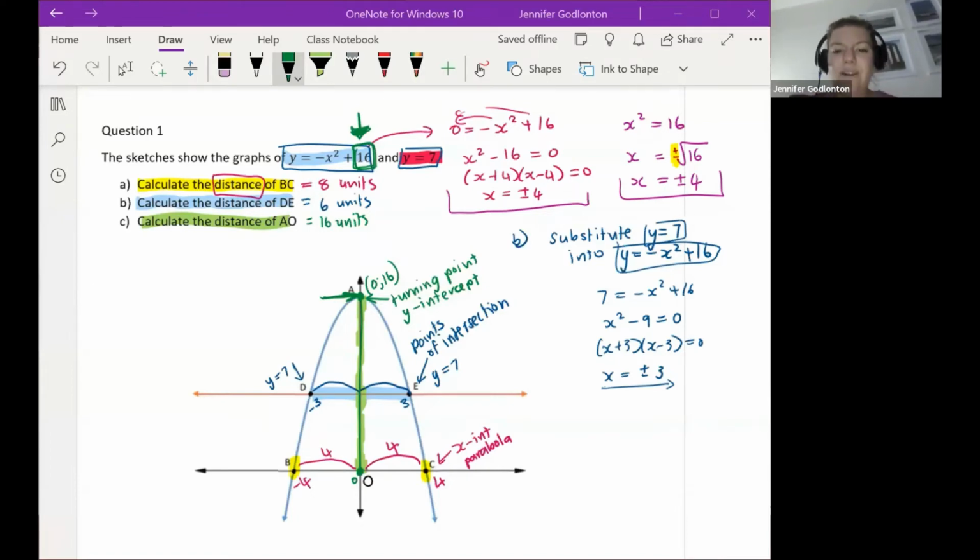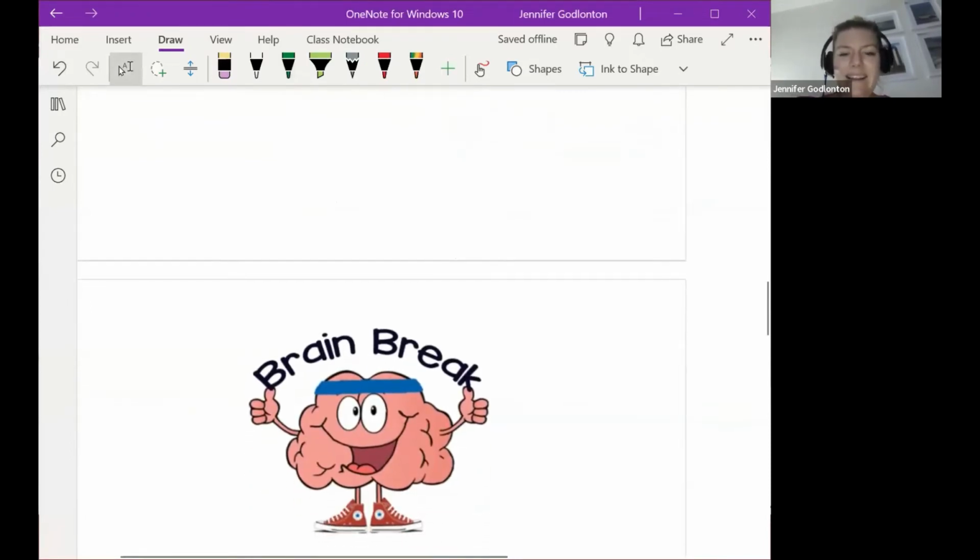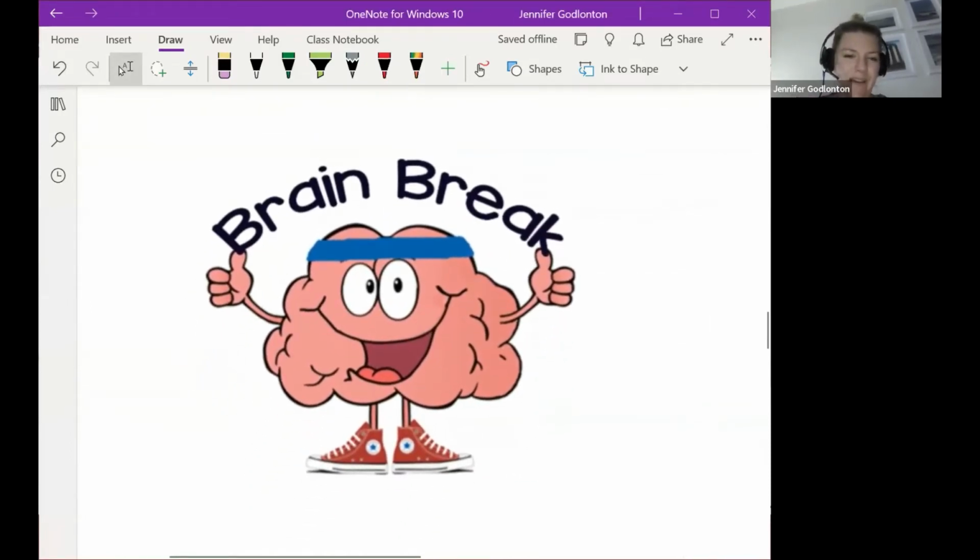Okay, so our brain break today is slightly different to what we have done before. We are doing something called a dingbat. Has anyone heard of a dingbat before? I think you'll know what a dingbat is, you might just not know that that's its name.